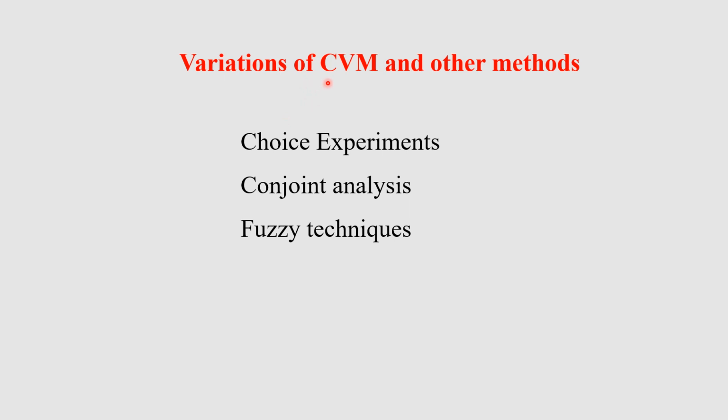Now, there are variations of the contingent valuation method, and there are other methods. One of the most popular methods is choice experiments, which are now kind of the creme de la creme of methods for doing this.